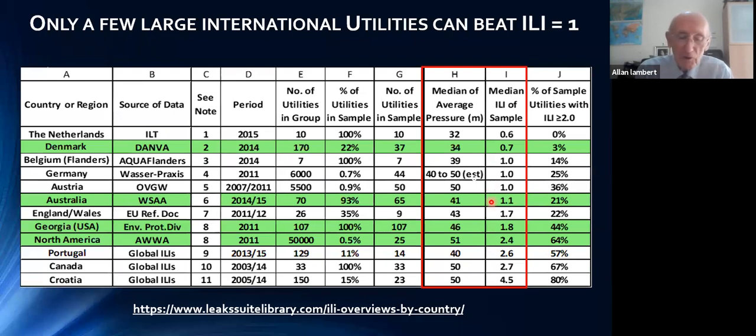So what this shows is that the standard UARL equation has proved to be a robust calculation for larger utility systems at around 40 to 60 meters pressure, but you have to be a little bit careful outside those limits. Other countries' median ILIs are in the range 1.7 to 4.5 at 40 to 51 meters pressure, and this indicates scope for further improvements if utilities consider it to be economic to do so or necessary for water conservation purposes.